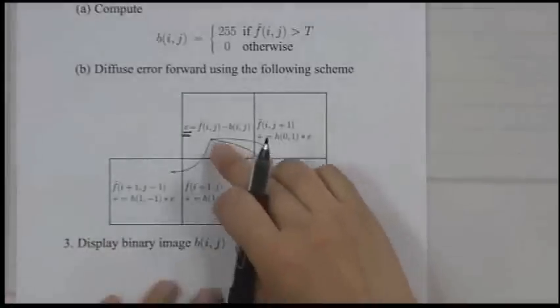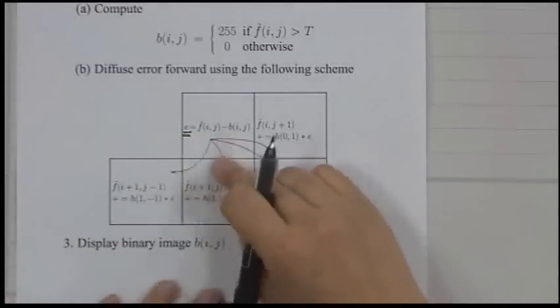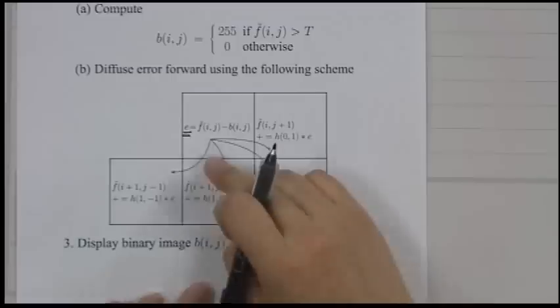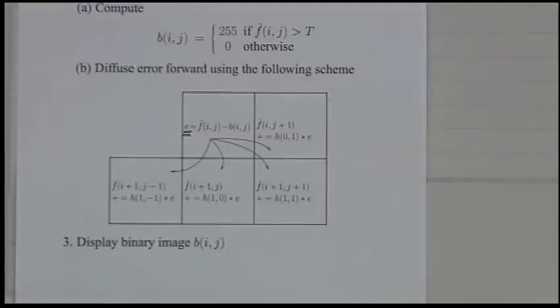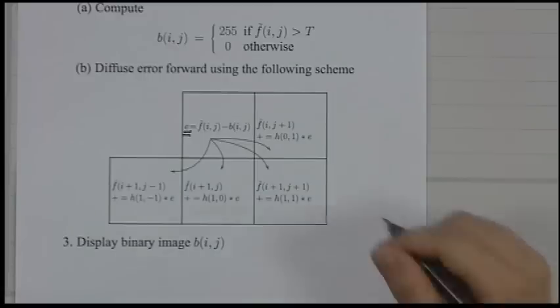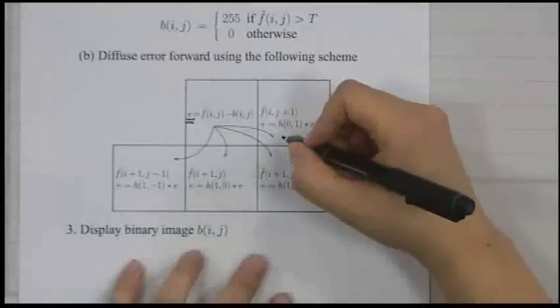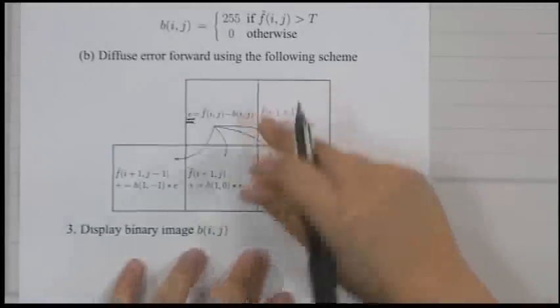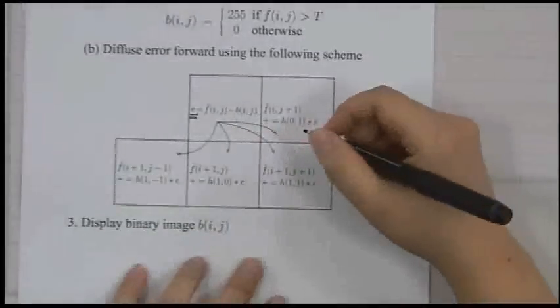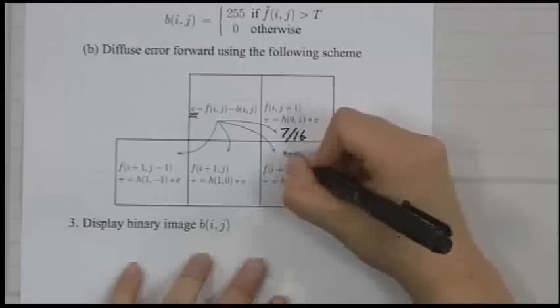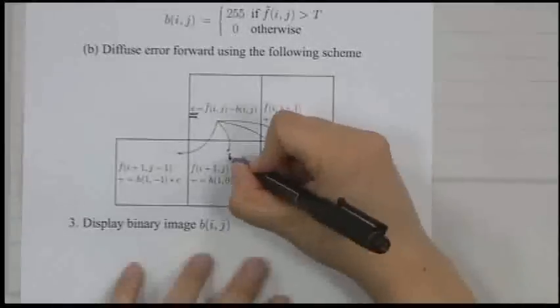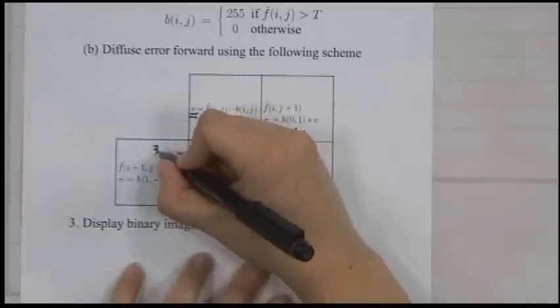And then we can distribute the error equally, or we can also put some weighting factor here. There are many choices for weighting factor, but the popular one is 7/16, 1/16, 5/16, 3/16.